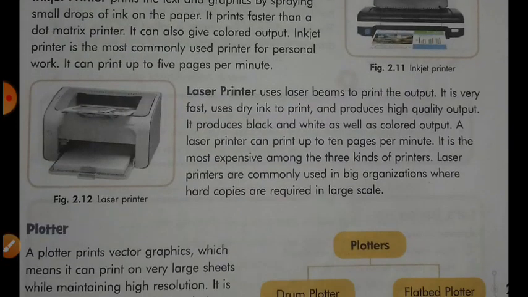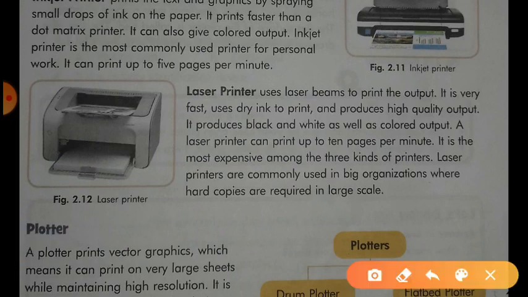The second type of printer is the laser printer. Dear students, a laser printer uses laser beams to print the output. It is very fast, uses dry ink to print and produces high quality output. It produces black and white as well as colored output.